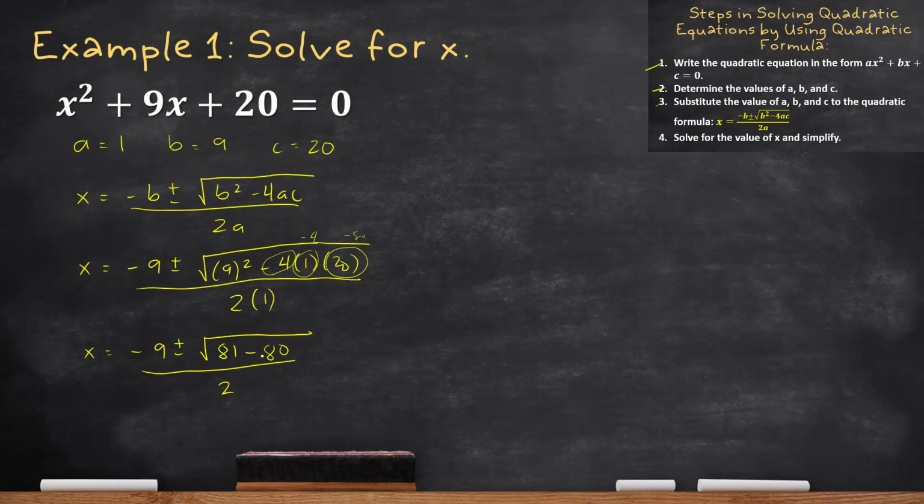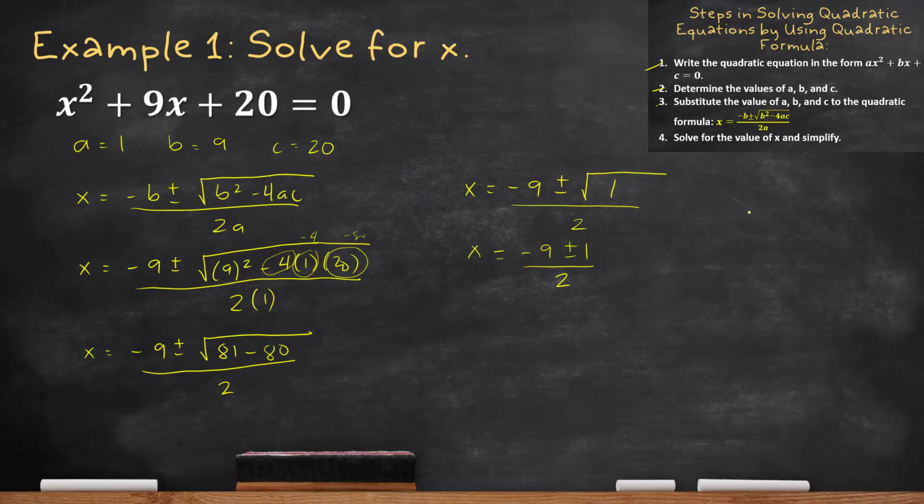And then simply subtract, 81 minus 80 is 1. So we're going to have x is equal to negative 9 plus or minus the square root of 1 all over 2. What is the square root of 1? That is equal to 1. So x equals negative 9 plus or minus 1 over 2.